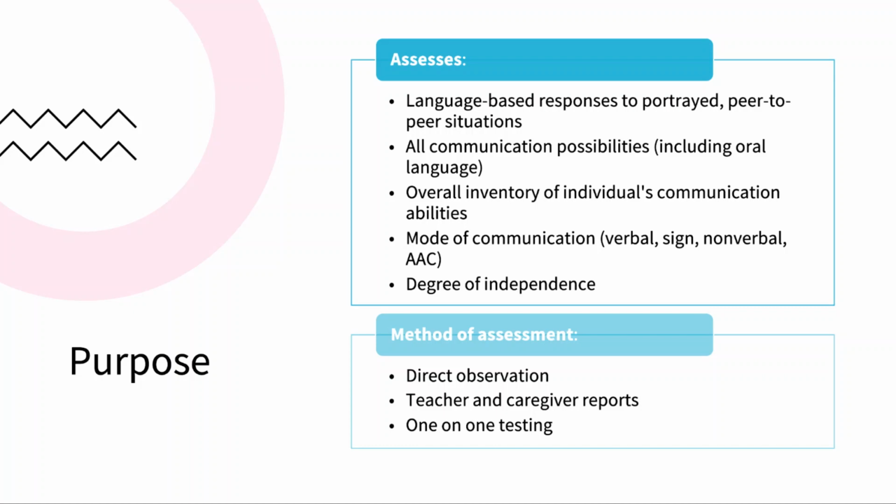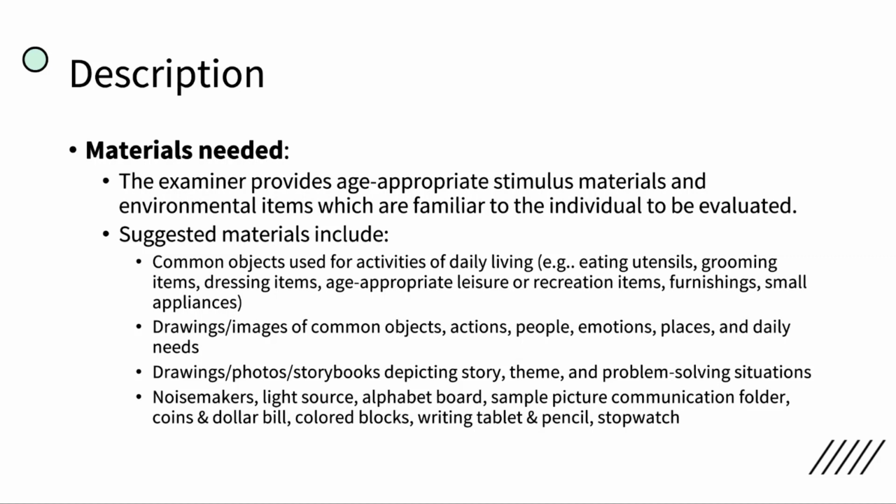Clients are assessed and rated in the major skills categories of communication through direct observation, teacher and caregiver reports, and one-on-one testing. There is a range of materials needed for the FCPR, and materials will differ on a case-by-case basis.